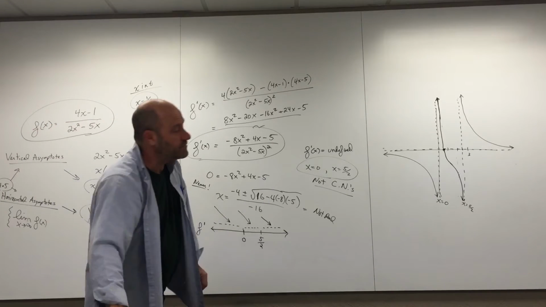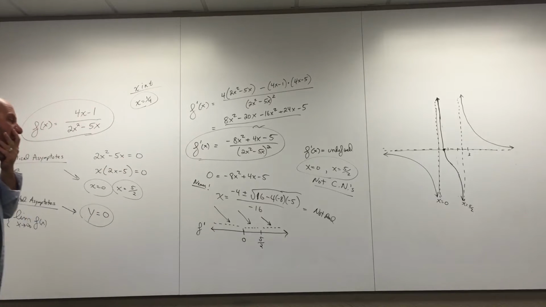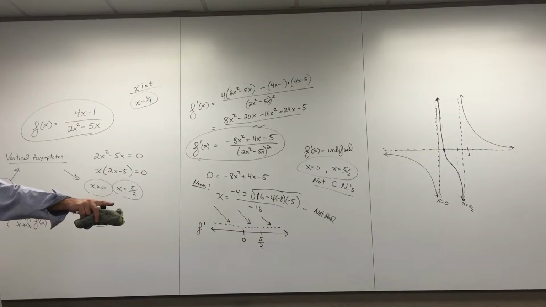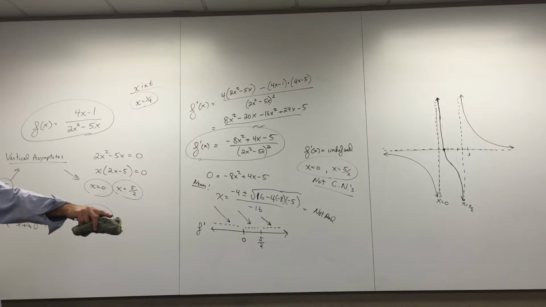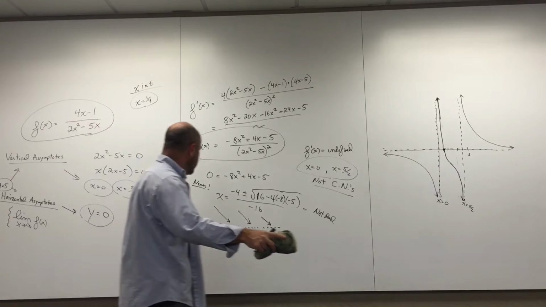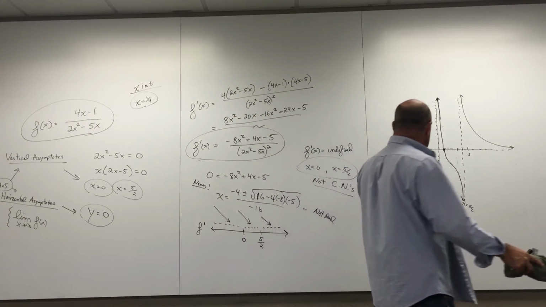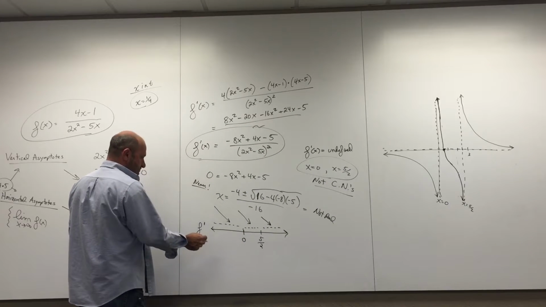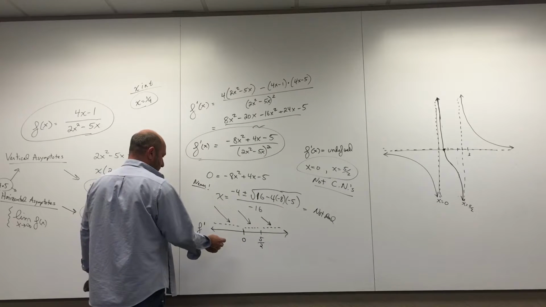Yes, Carlos? You said that there were no critical numbers for this derivative. That's right. But what was the reason for putting them on the number line again?